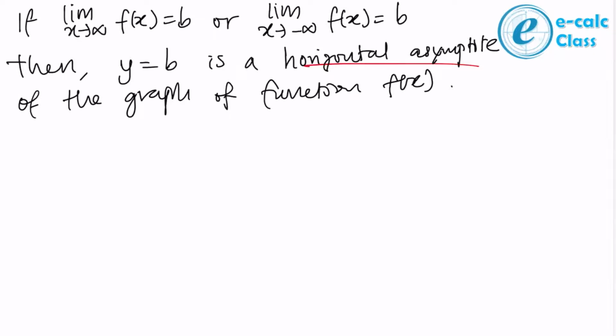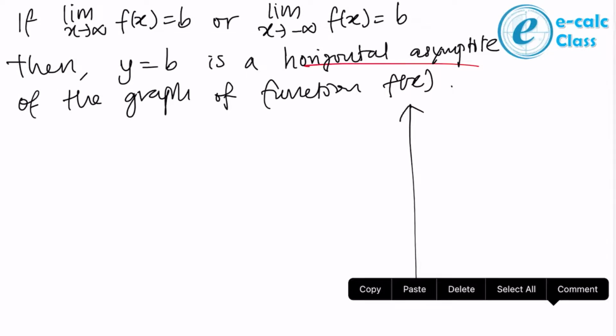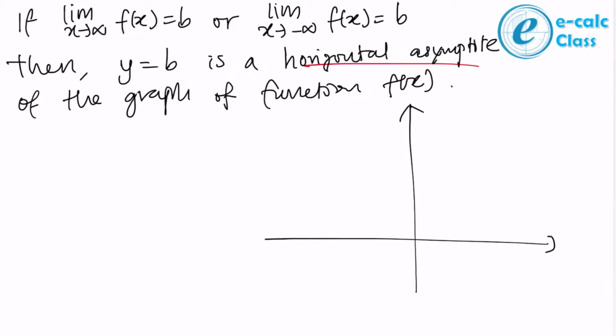What does it mean? Actually, it's very easy to understand. Just that from just now, your x is going to infinity, and then it will approach one value, in this case b. It is either positive or negative, doesn't matter.